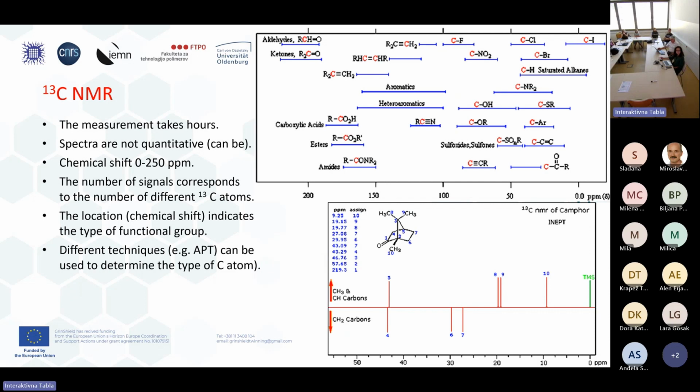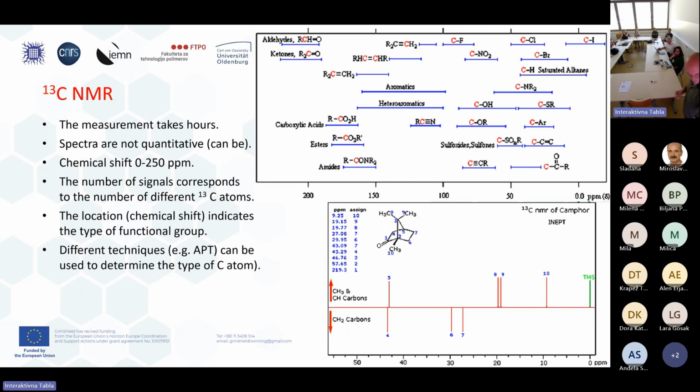The number of signals corresponds to the number of different atoms, and similar to proton, from the position we can make some assumptions about what kind of polymer it is. There are plenty of techniques which can also be used to determine the type of C atom.